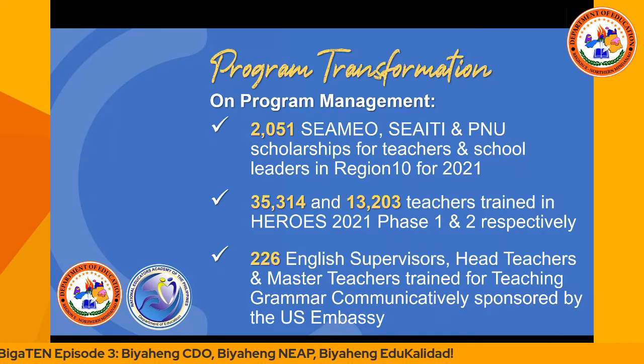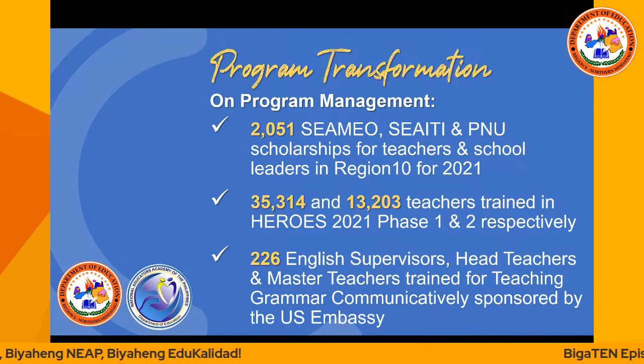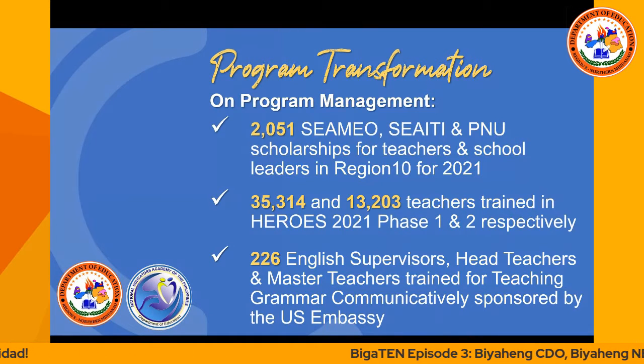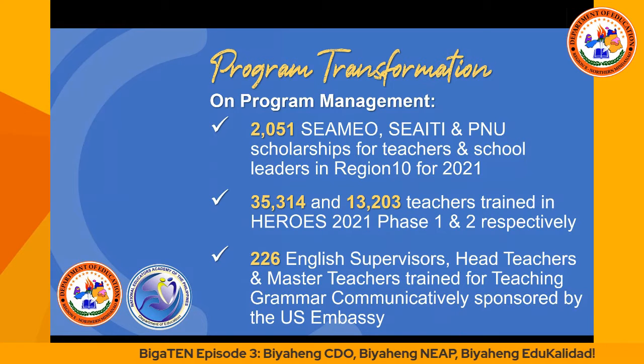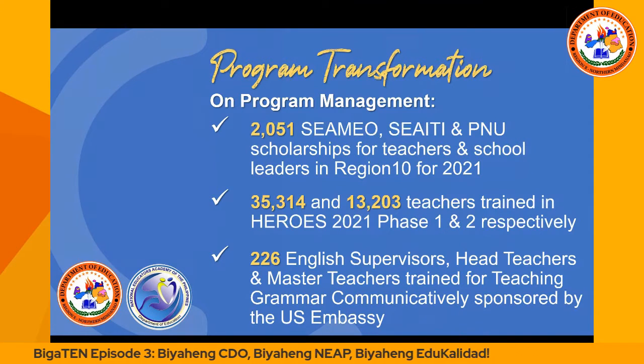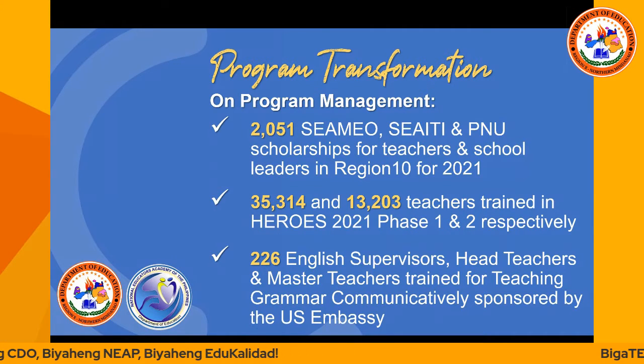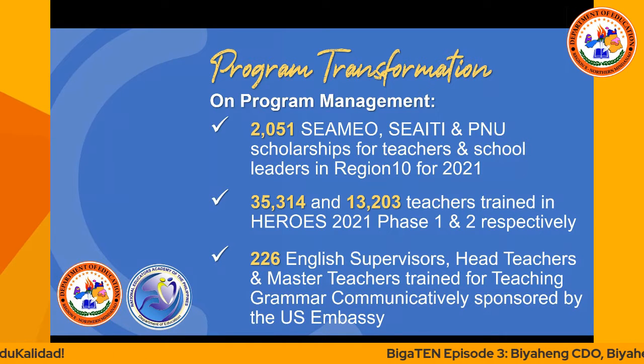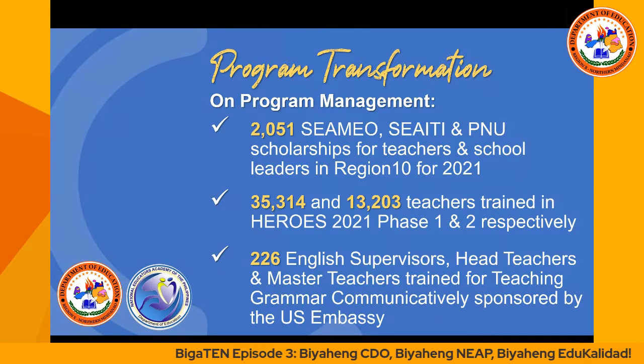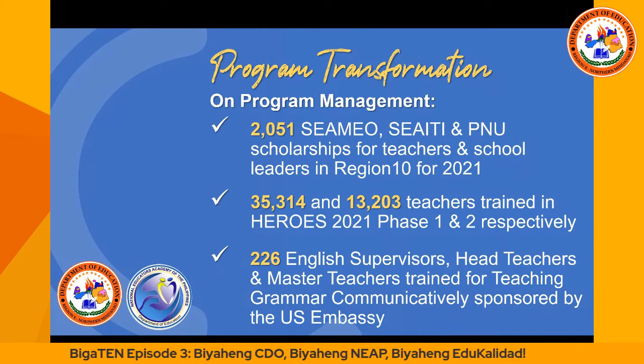Another professional development course that we are coordinating is Teaching Grammar Communicatively, sponsored by the U.S. Embassy. Take note. The learning service provider is the U.S. Embassy. And NEAP Central Office required us to submit a list of participants numbering 226.